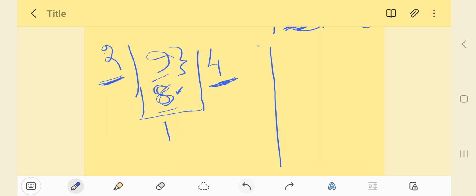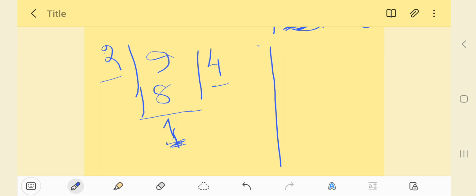So we have this 1 left, and to continue we need a bigger number, of course. We cannot divide this 1 by this 2. So to get a bigger number, we can borrow.